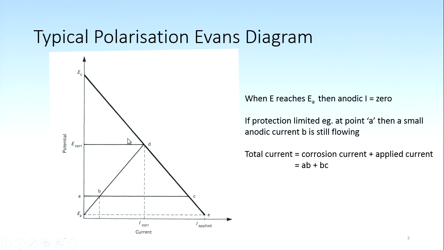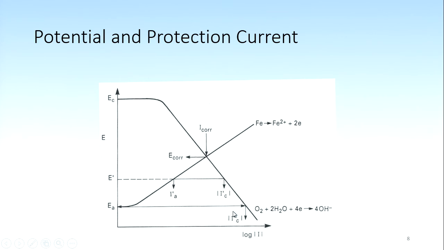Here's the free corrosion potential and the free corrosion current. So that's the free corrosion current, there's the free corrosion potential. And if you decrease the potential to E prime, then the corrosion current becomes I prime, and your applied current is this distance here.